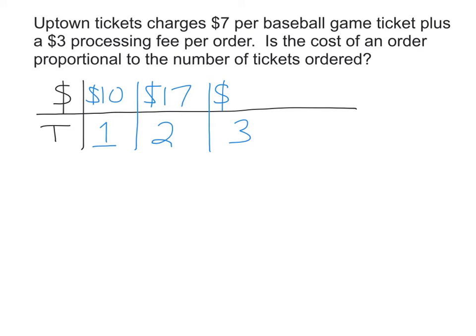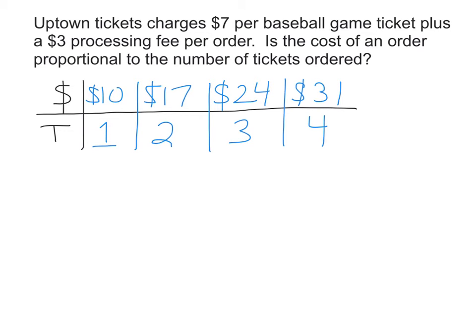Pause the recording if you need to figure it out. Yes, it will cost me $24, because it's 3 tickets at $7 each, which is $21, plus the $3 processing fee. And let's just do one more. If I order 4 tickets, it'll cost me what? Good. 4 tickets at $7 is $28, plus $3 more is $31.